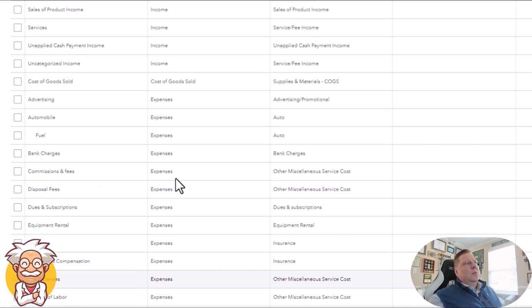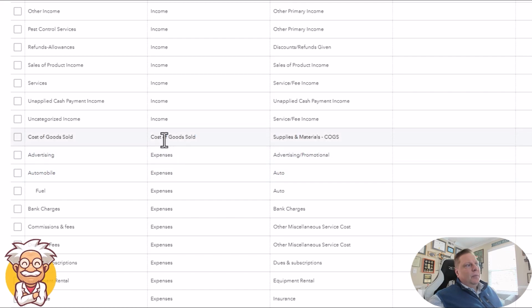Let me go back real quick here before we move down here. I did skip a series of accounts that come after the income and before expenses. This is if your company is tracking what they call cost of goods sold, or maybe cost of sales. Then these accounts will show up under cost of goods.